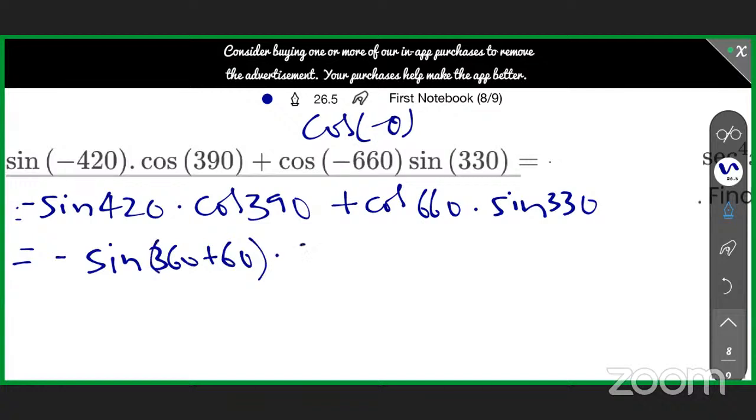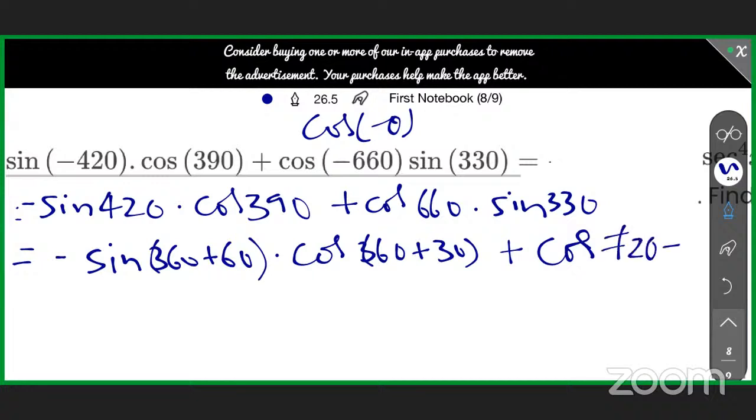I can write it as cos 360 plus 30, plus again cos, can I write it as 720 minus 60, and again sine into sine 360 minus 30. Did you all understand this step, dear students?